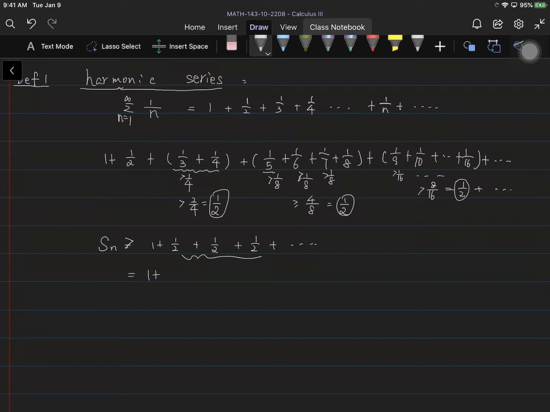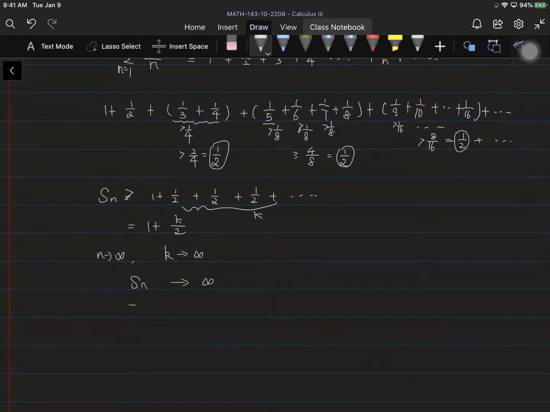If we have k terms of 1/2, it's k over 2. When n goes to infinity, we have infinitely many terms, so k also goes to infinity. In this case, you can see S_n is unbounded; S_n goes to infinity.